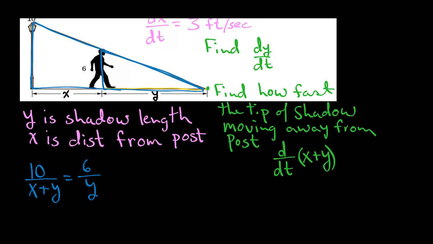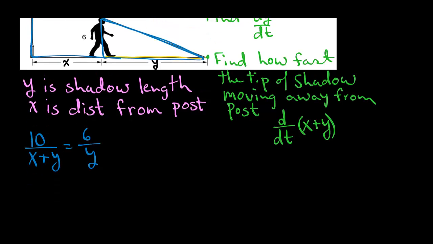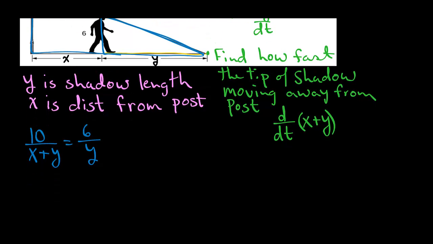Now I want to do this. I've got this expression here, and you could think of it as cross multiplying. I'm going to multiply both sides by y times x plus y. I multiplied the left-hand side by y times x plus y, in other words, by the denominator, and the right side, 6, I multiply by y times x plus y.